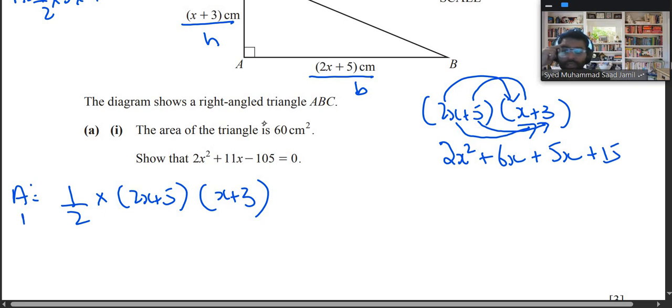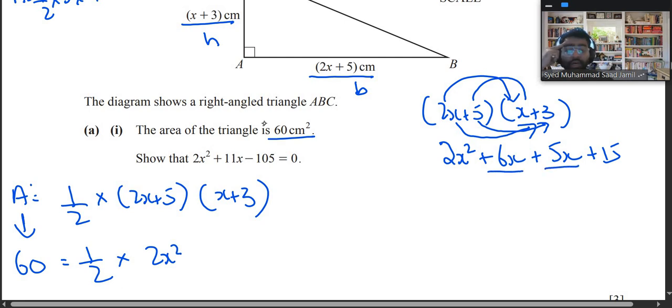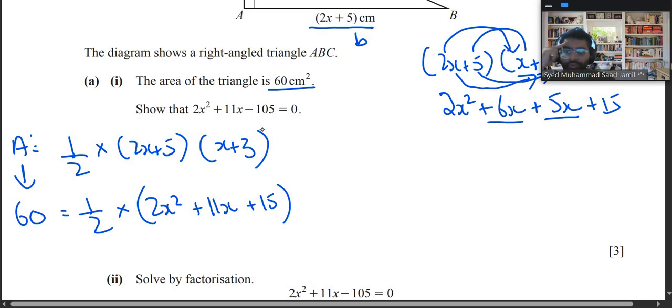So what was the area? The area is 60. It's written. It's equal to half multiplied by 2x squared plus 6x plus 5x, which is 11x, plus 15. This 2 will go up there and multiply with 60.